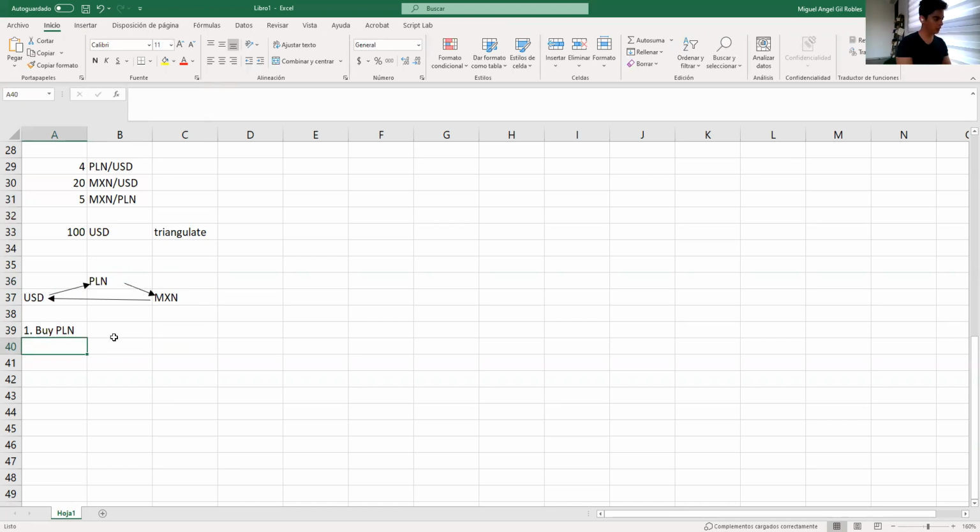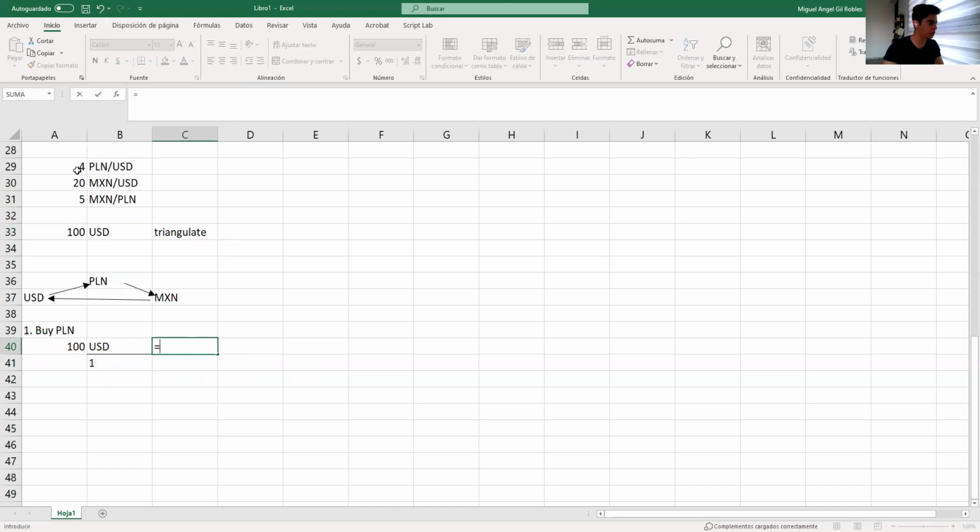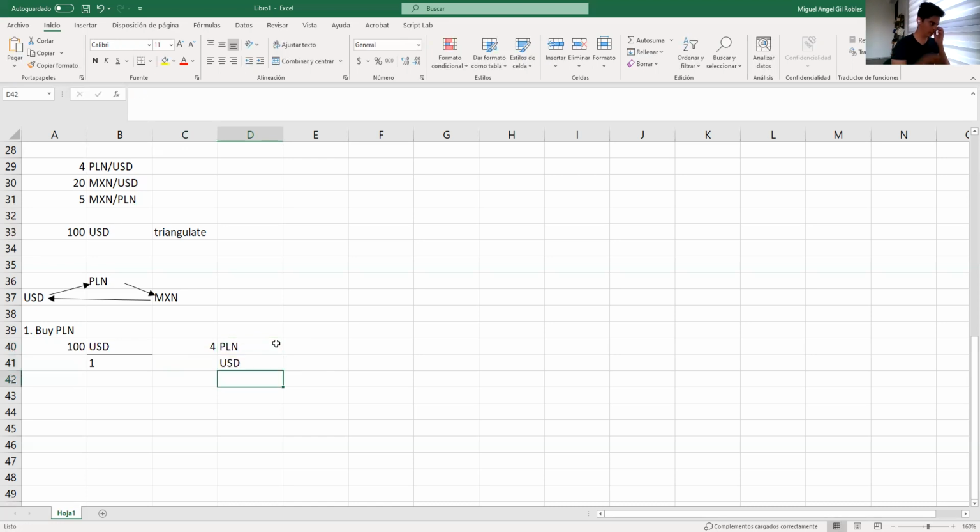So the first step is that I have $100, because here I am telling you have $100. Let me make it clear, as in the other video, $100 over one. Why? Because if I see dollars as a fraction, it's like dollars over one. And then I need to bring the exchange rate of the dollars and the Polish zloty, which is 4, zloty over dollar.